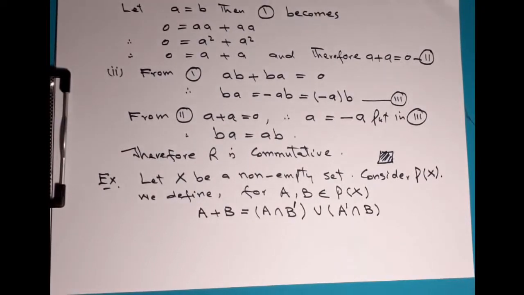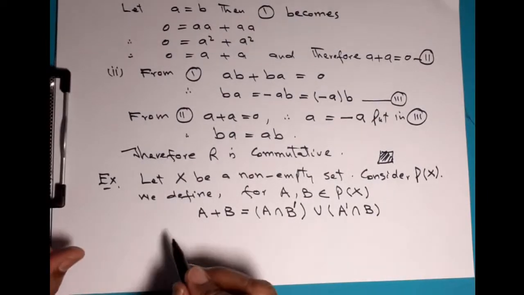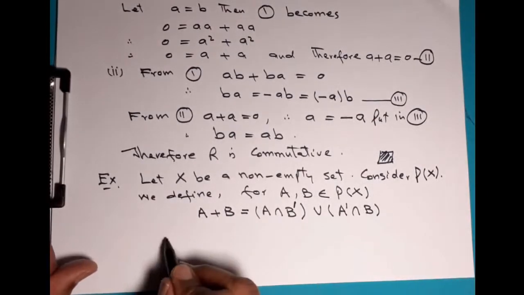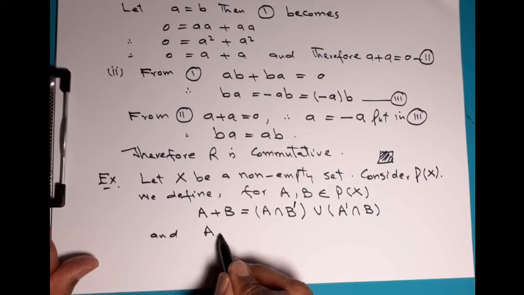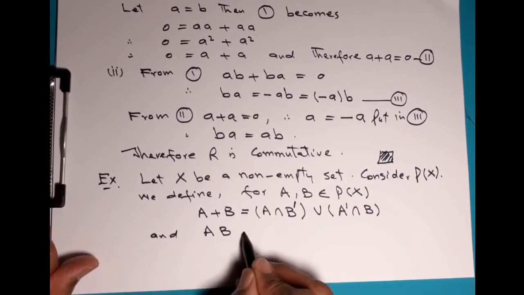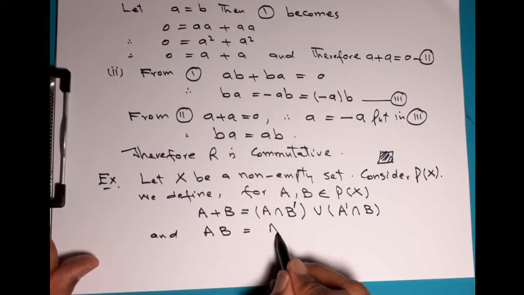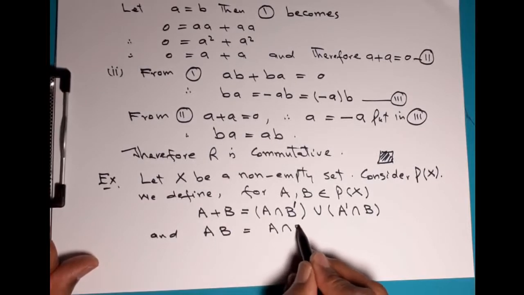So we define addition in this way, and we define multiplication of any two subsets A and B as just their intersection, A intersection B.